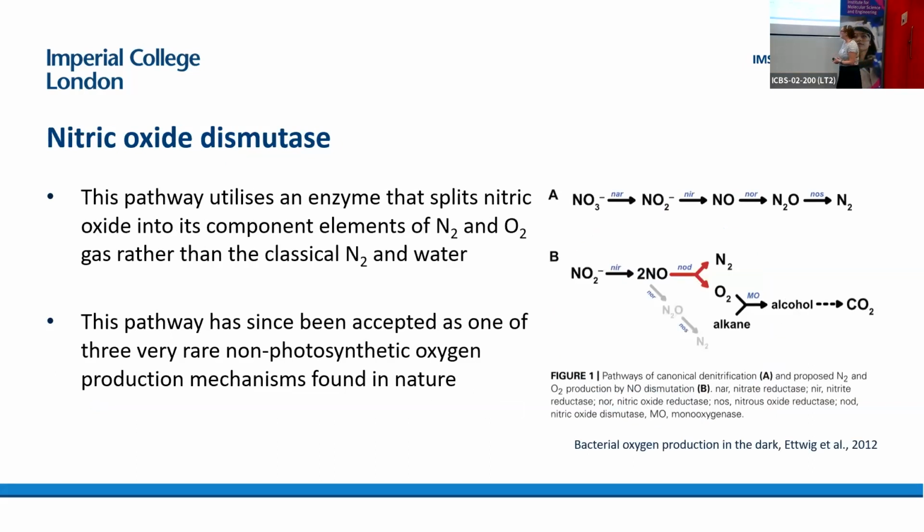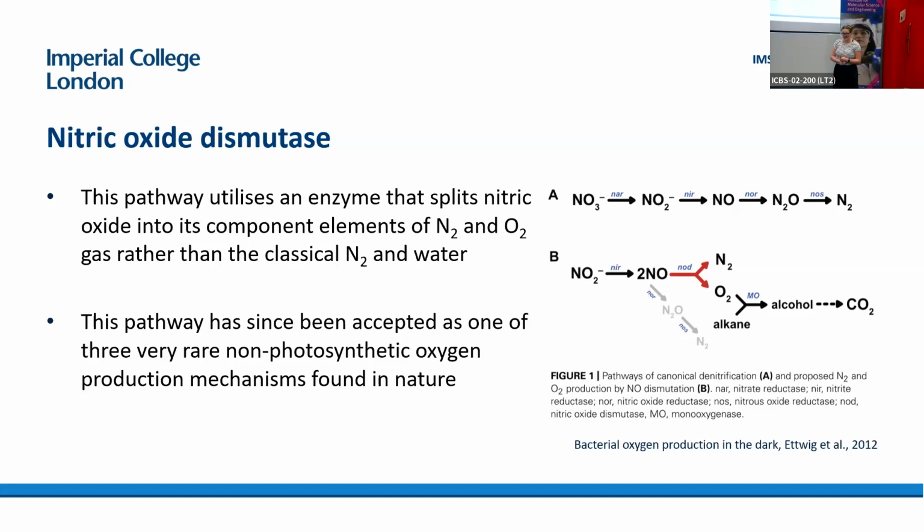After a little bit of further research, I then came across this process called nitric oxide dismutase. This pathway utilizes an enzyme that splits nitric oxide, so NO, into its component elements of nitrogen gas and oxygen gas, rather than nitrogen gas and carbon dioxide and/or water. This pathway was initially published in 2012.